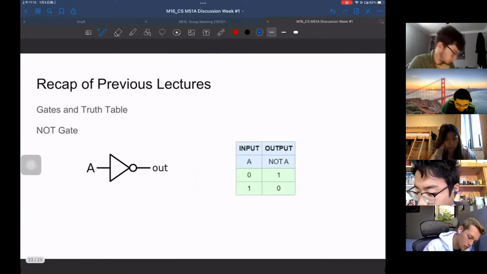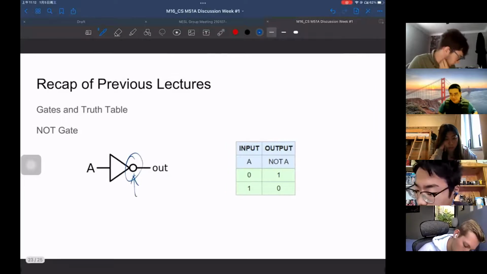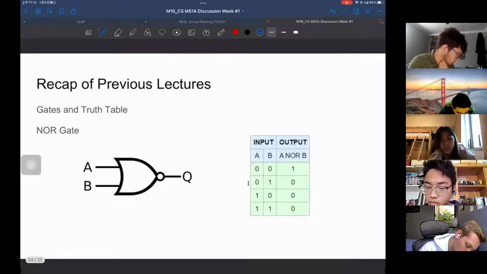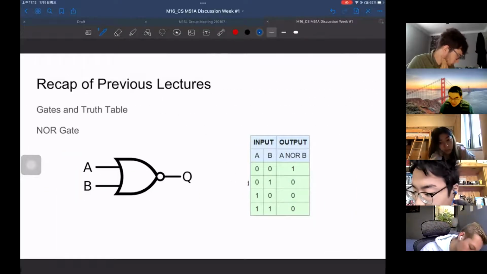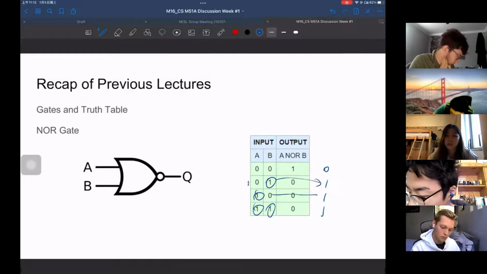Similarly, this is the NOR gate. Remember, this is where the circle comes from. NOR gate means flip it, invert it. That's very simple, right? And finally, NOR, which is, remember, this is the OR gate. If there's any 1 in the input, we will output a 1.